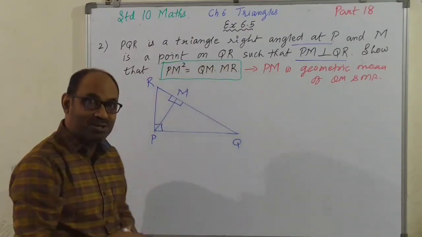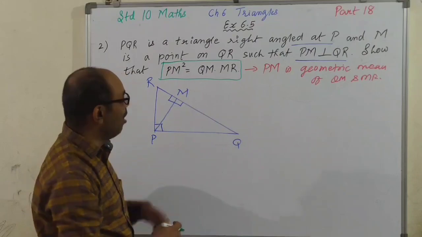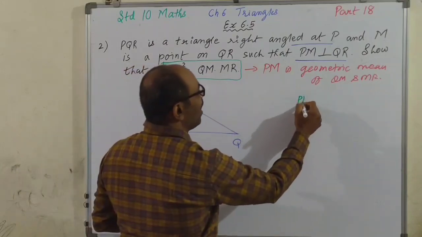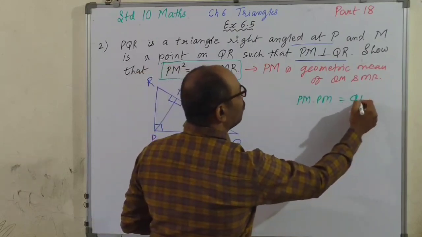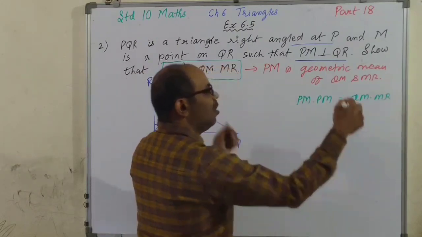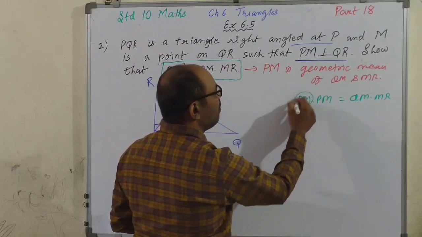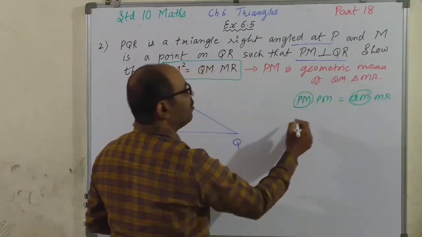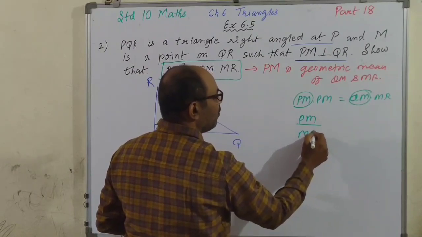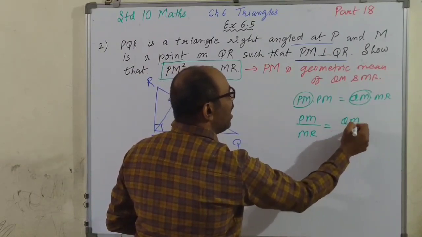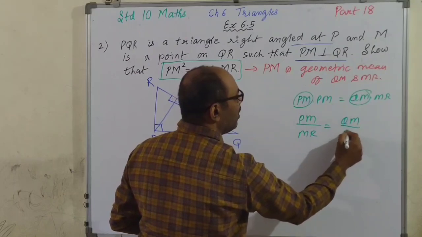PM square is PM into PM, that is equal to QM into MR. Alternate: keep one PM here, QM here. So PM over MR, and QM over PM.